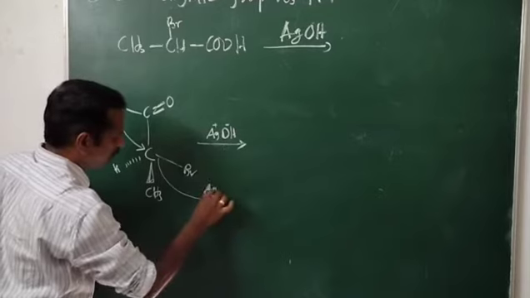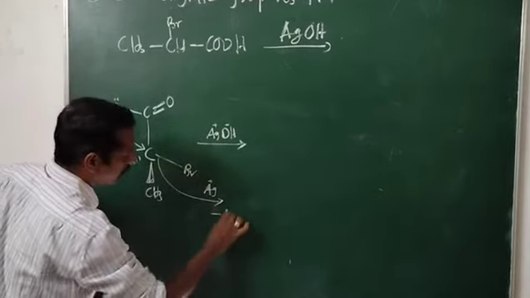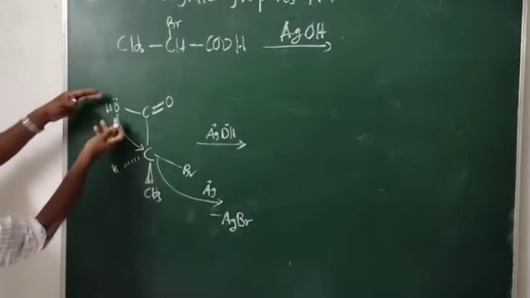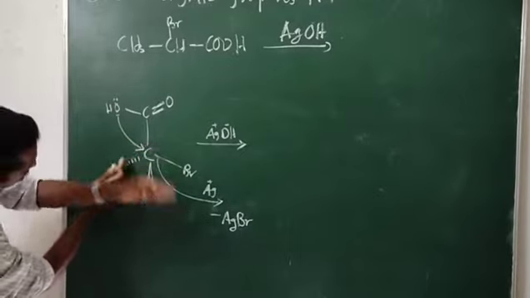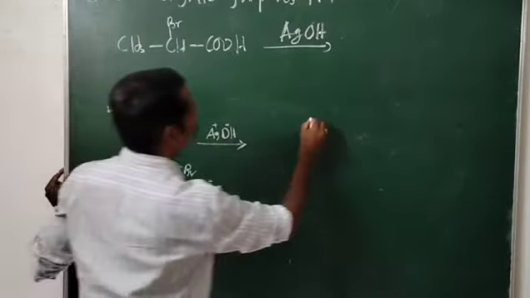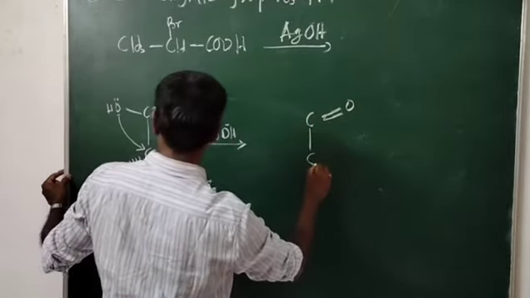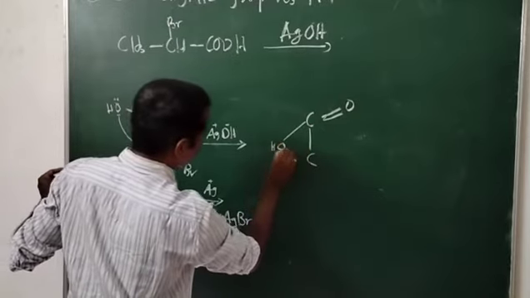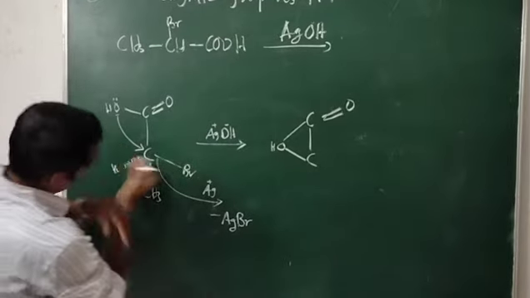This Ag plus goes with Br minus, so what will be eliminated? Minus AgBr, and you can see that since there is a backside attack, there is an inversion of configuration. Therefore, we get a structure like this. Here it is C, and here it is OH, and this OH is joining with this carbon, and inversion of configuration.